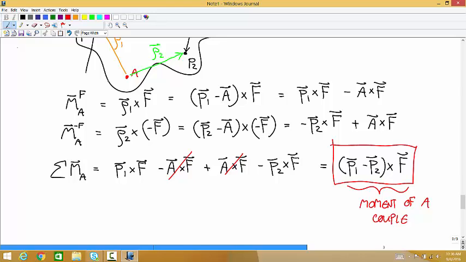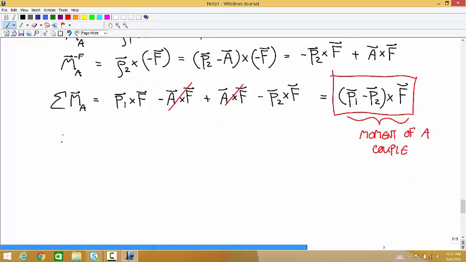Okay, so what we saw was that for individual forces, the moment produced by an individual force depends on where that A is, what you choose as the about point. But for a couple, you can just think of it as a pure moment. Whatever the about point is, that moment value stays the same. So think of a couple as a pure moment.